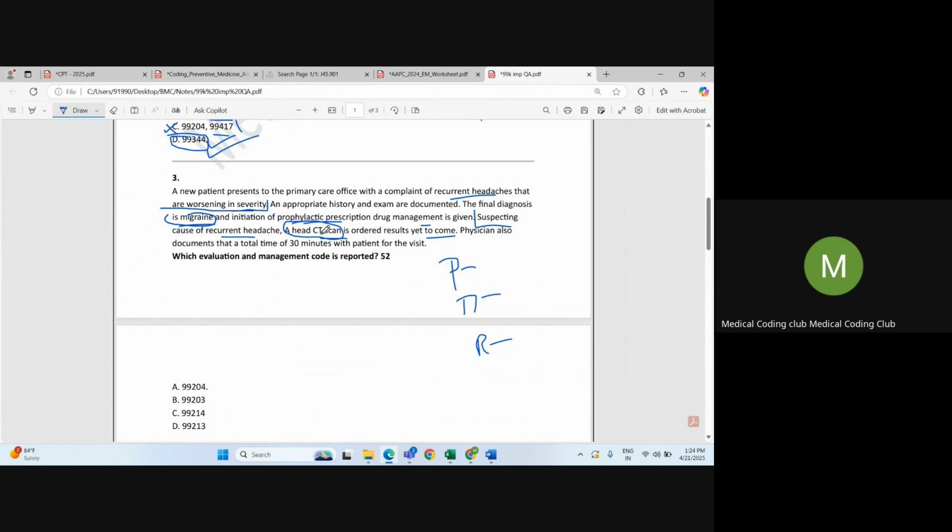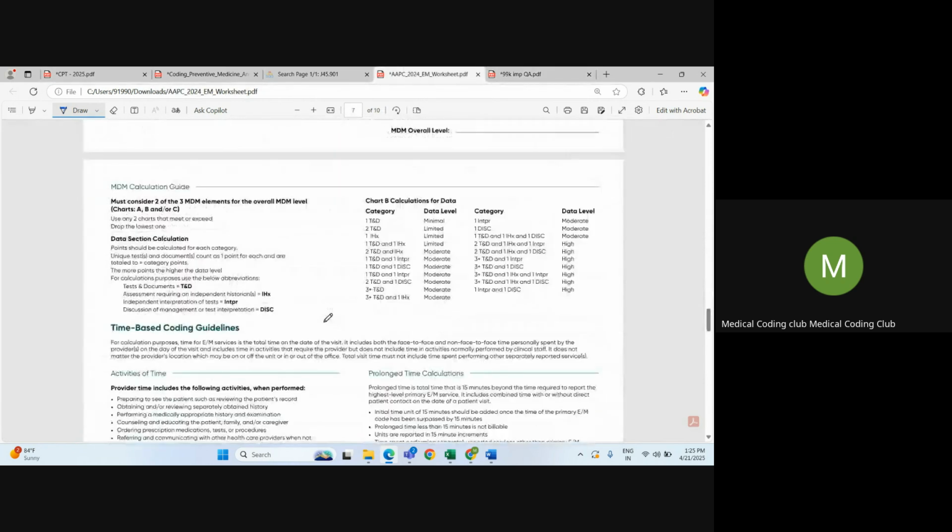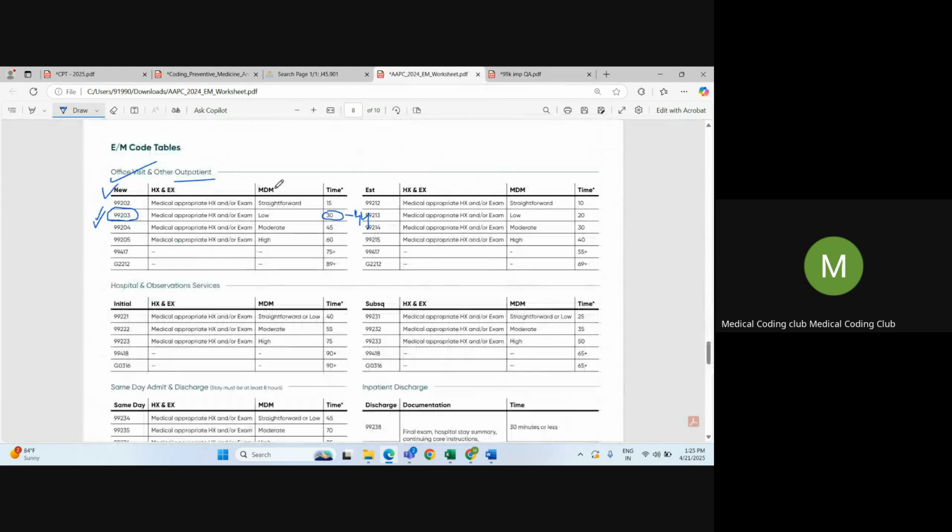So considering that, the problem will be moderate, and since prophylactic prescription drug management is given, the risk is also moderate. So the final MDM is moderate, which means your level is 99204. As I mentioned earlier, both guidelines are supporting here.